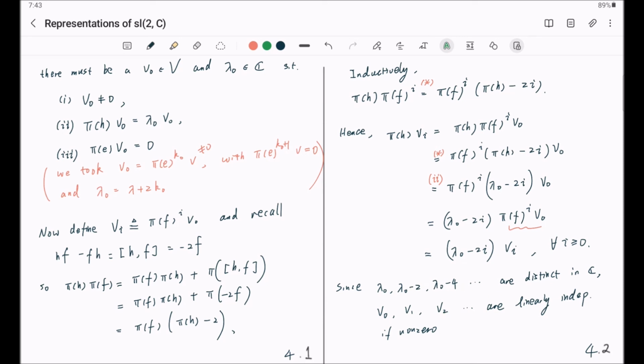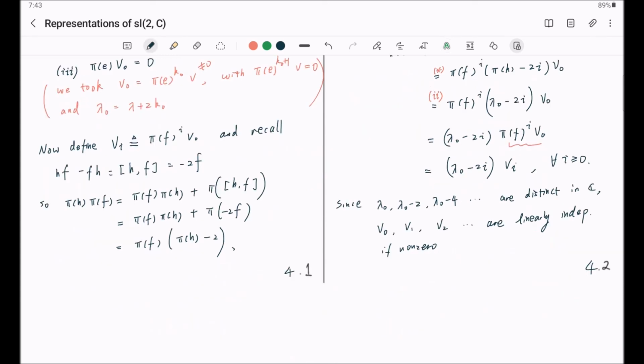And because the dimension of the whole space is finite, it follows that there must exist some n0 such that v sub n0 plus 1, which is pi of f raised to the power n0 plus 1 applied to v0, equals 0.